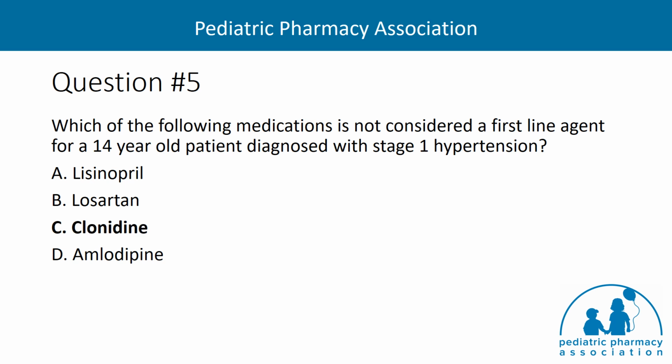The correct answer is C, clonidine. So the alpha-2 agonists are not considered a first-line agent. Lisinopril is an ACE inhibitor, which is a first-line agent for hypertension. Losartan is an ARB, which is also considered a first-line agent, and then amlodipine is a calcium channel blocker, so another first-line agent.